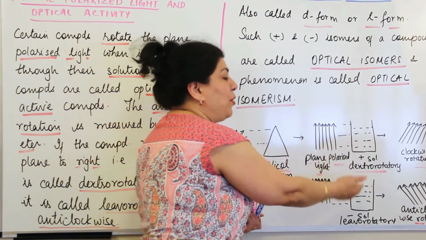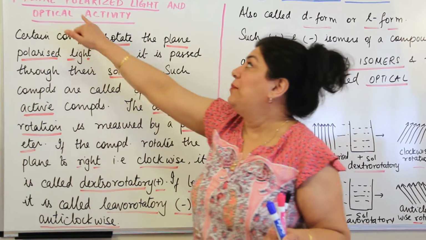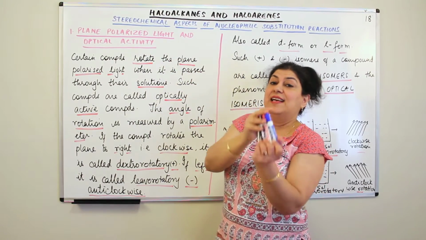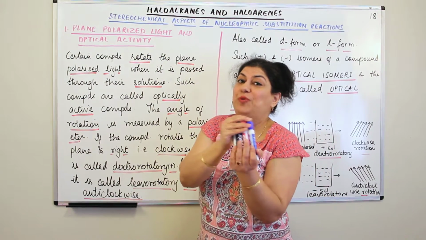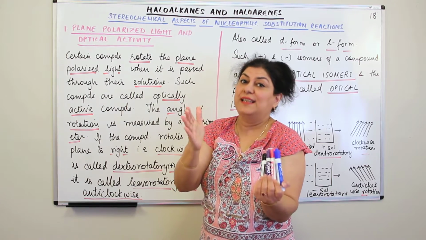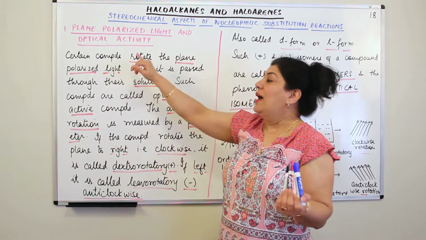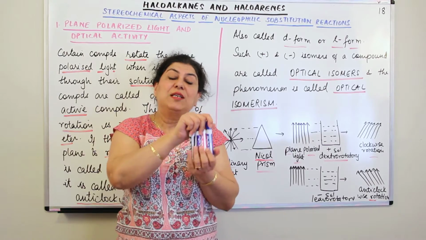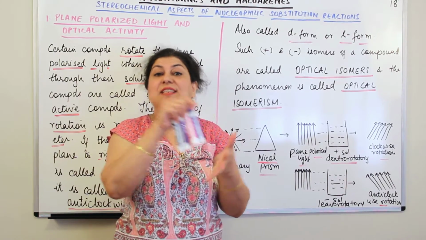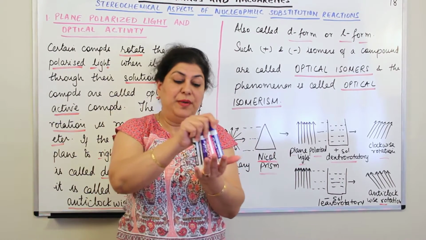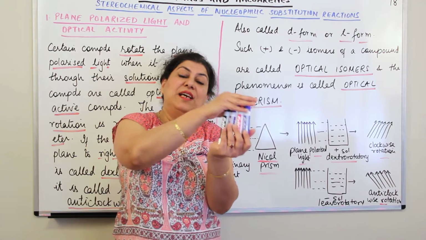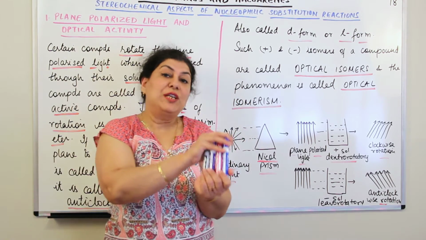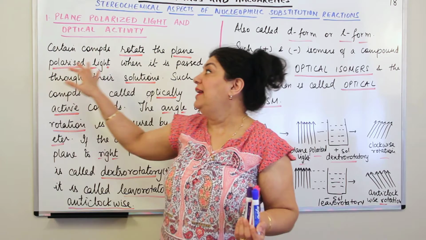You understand what plane polarized light is, and the activity that is shown by compounds is known as optical activity. It is the activity by a compound which affects the plane of polarized light. Light is optics, or optical behavior, and such compounds affect the optical behavior of light. Therefore, such compounds show optical activity.